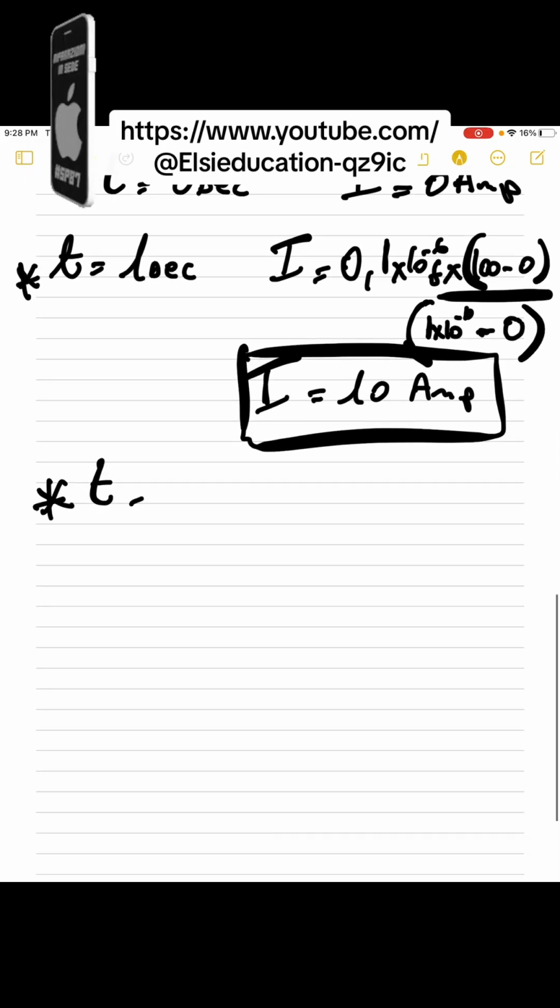And if time equals 2 second, current will be equal to 0 amp.